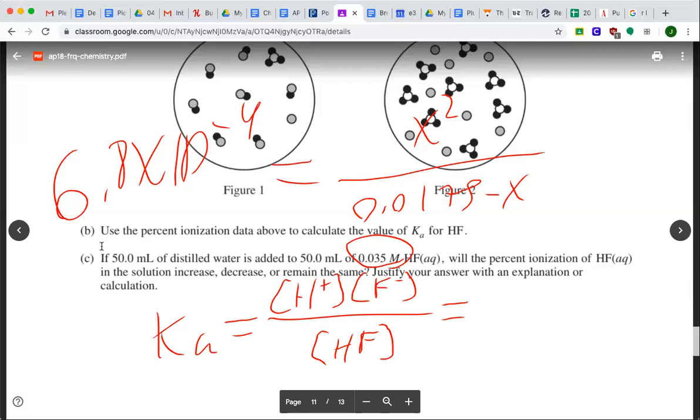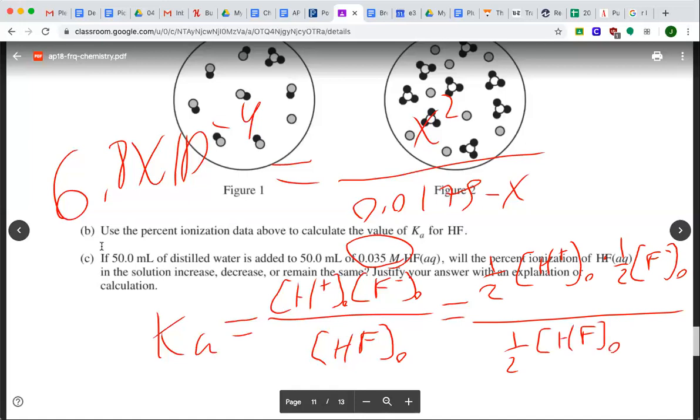So like here, if this is original, original, and original, you suddenly have 1/2 the original concentration times another 1/2 all over 1/2.